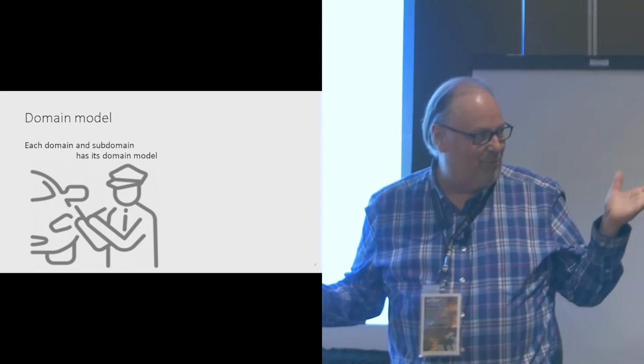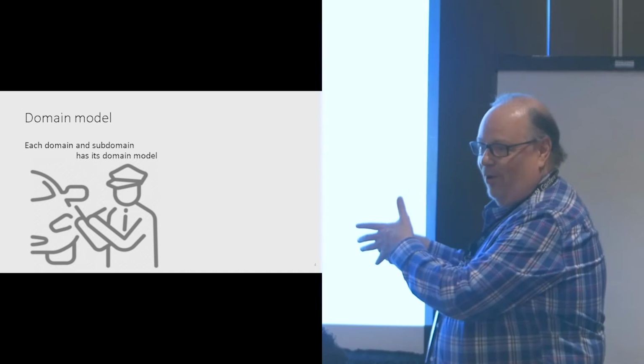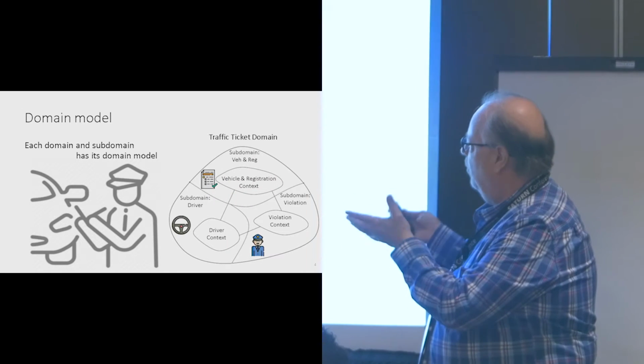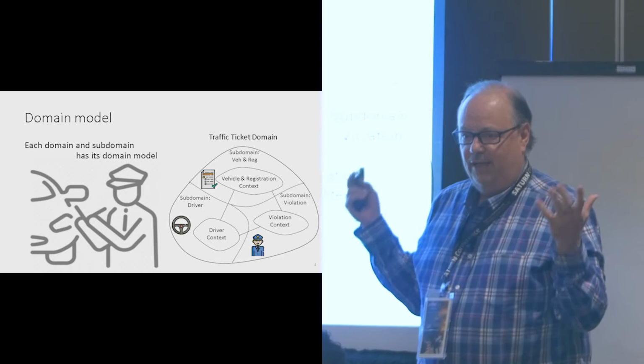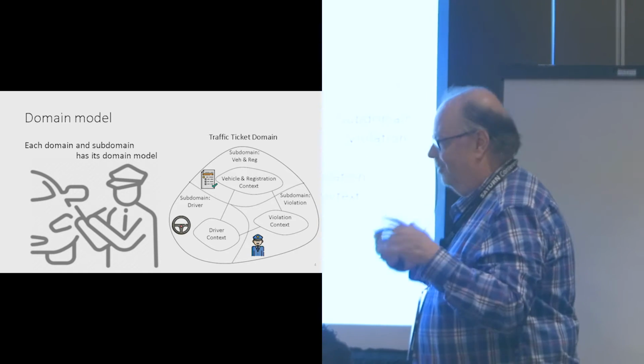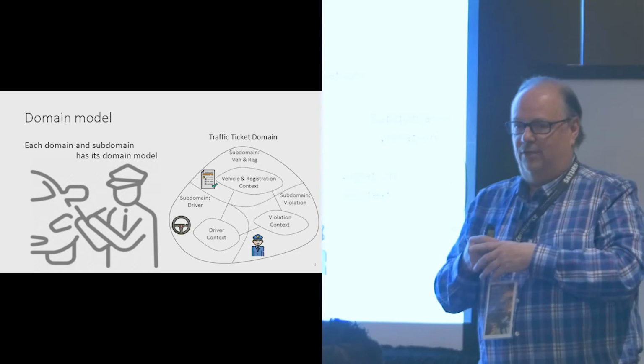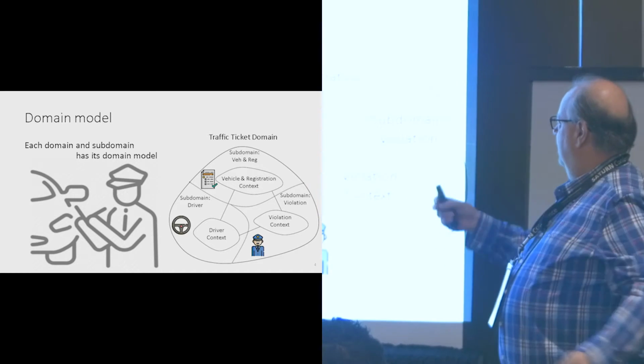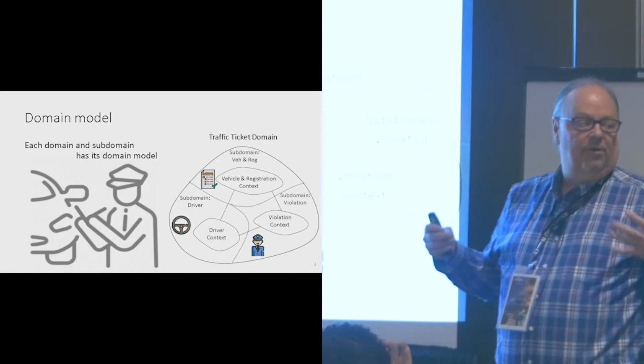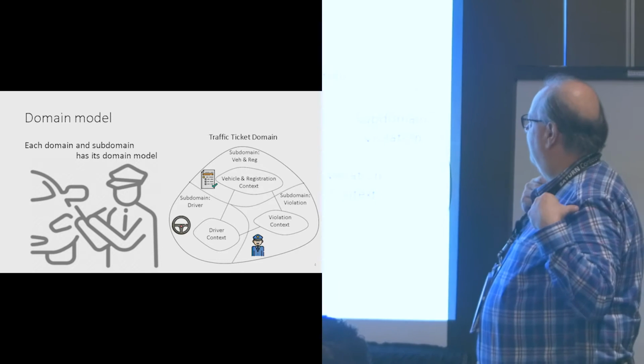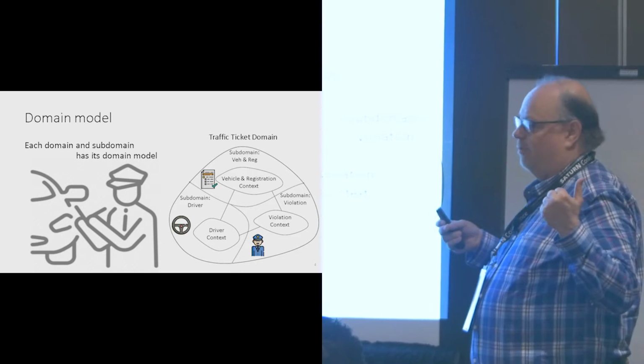We want to write a system for Springfield. One way you could think of breaking down the traffic domain for Springfield is that maybe we have drivers, the violations, meaning the different possible types of tickets that you could have, and then maybe vehicles and registrations.